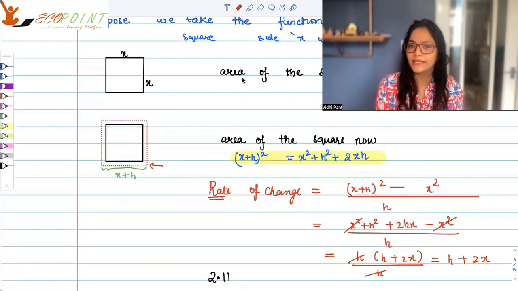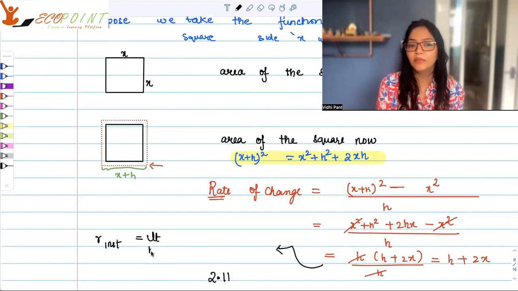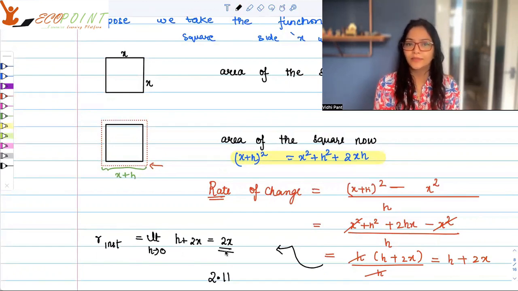It's not the instantaneous rate of change yet. For instantaneous rate of change, what will I do? I will take the limit as h goes to 0 of h plus 2x, and that will give me 2x, my friends. So that means what I get as the derivative of x square is actually 2x.